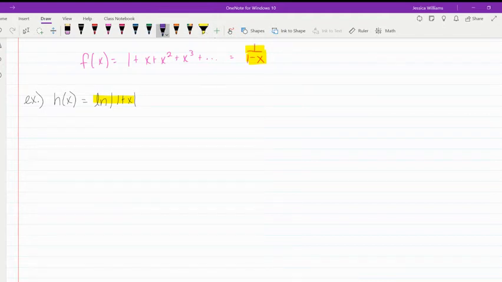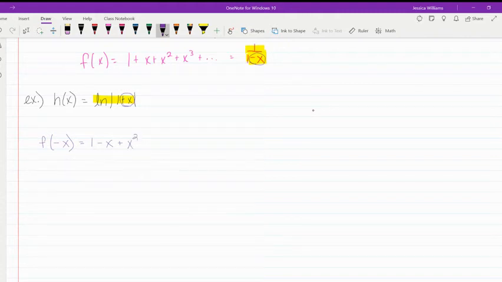So the first thing I'm going to try to do is turn this minus x into a plus x. And the way I do that is by taking my function f from up there and replacing all my x's with negative x's. So let's see what that does. So now this is 1. Instead of x, it's minus x. Then I have plus negative x squared is positive x squared.